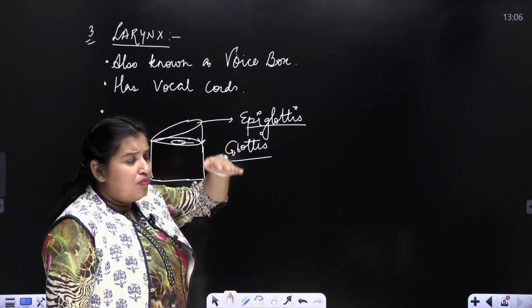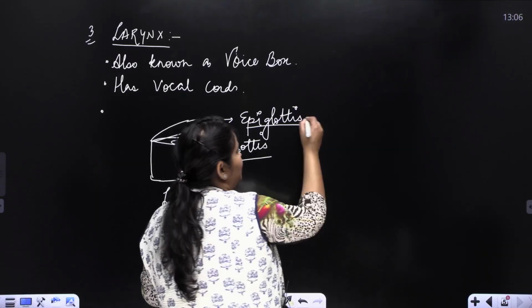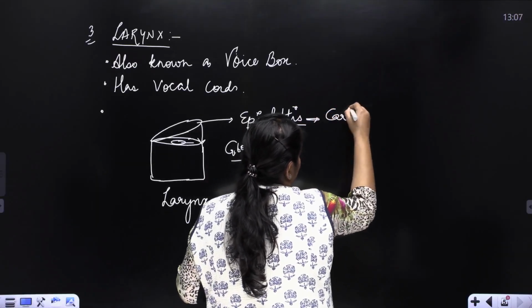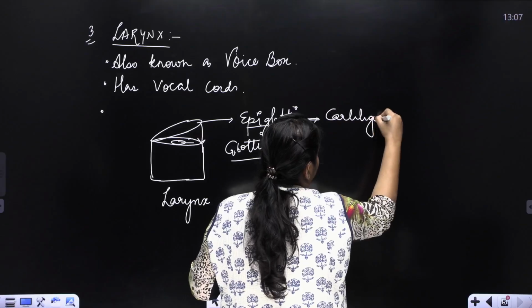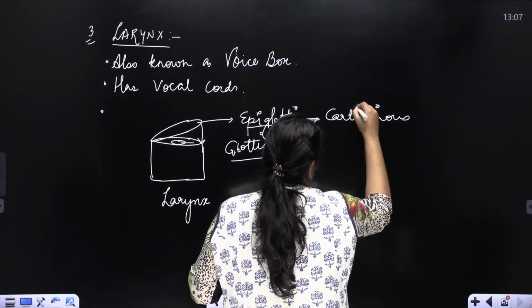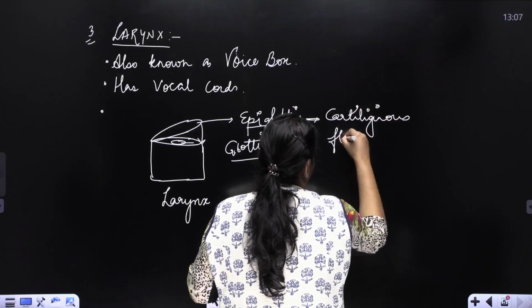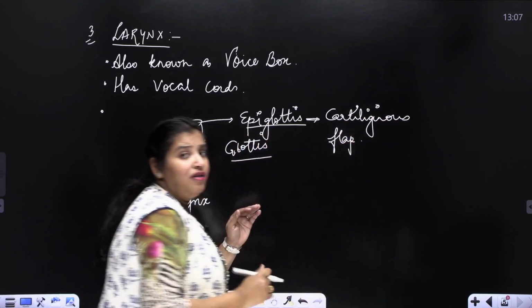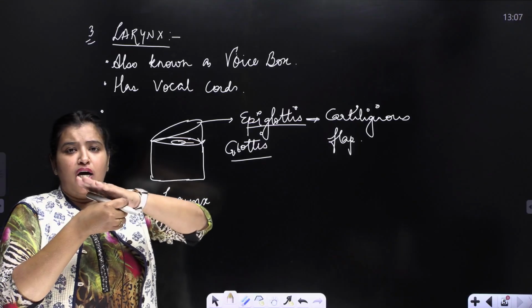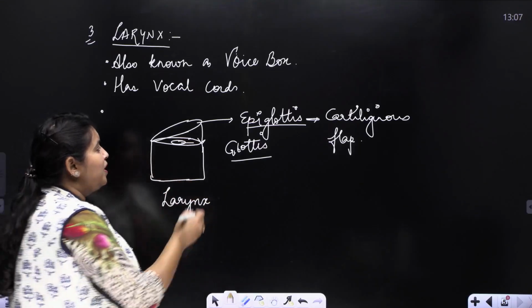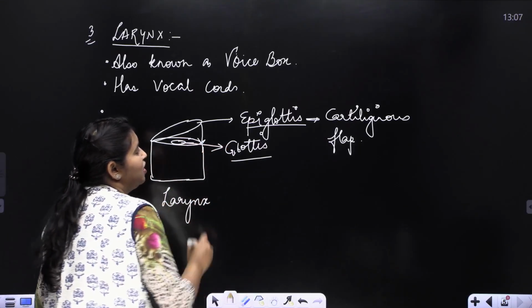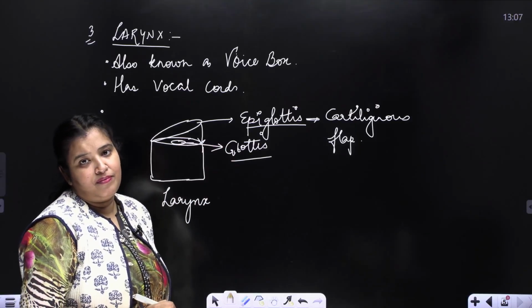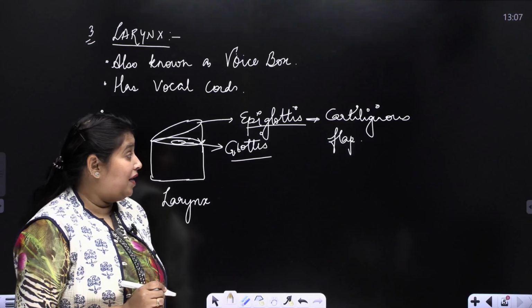The flap moves down. Epiglottis is a cartilaginous flap. So the flap moves down, closing this opening, which is called the glottis. I hope I am clear till here.